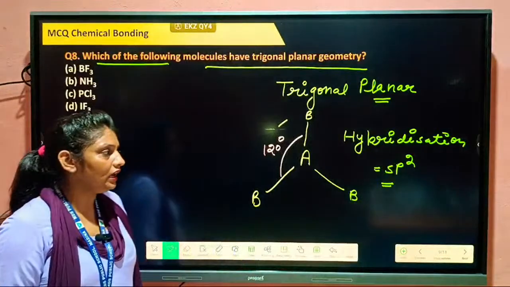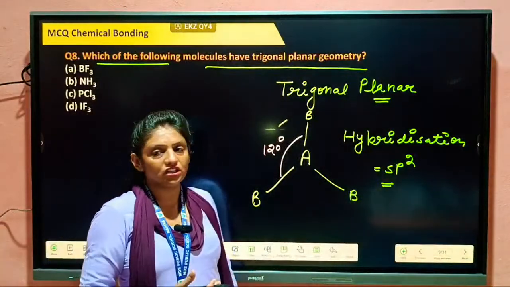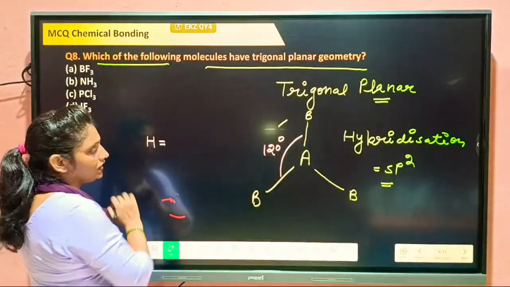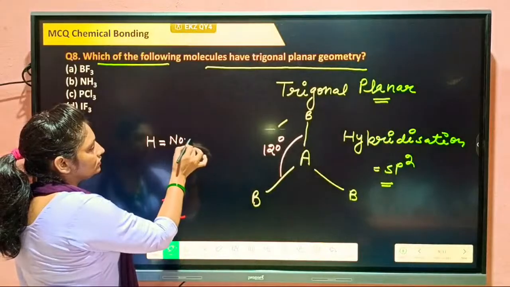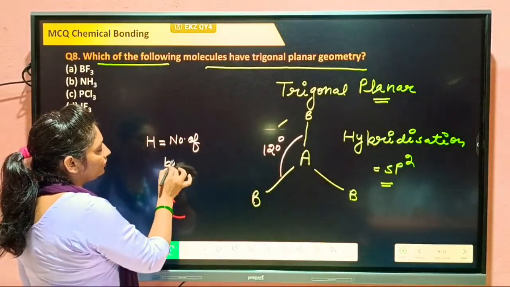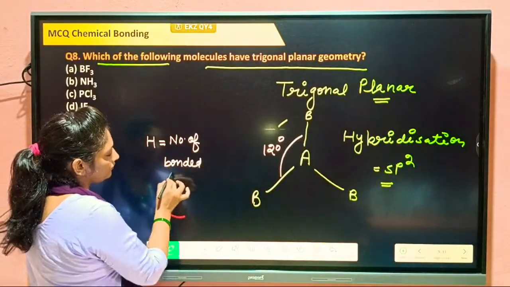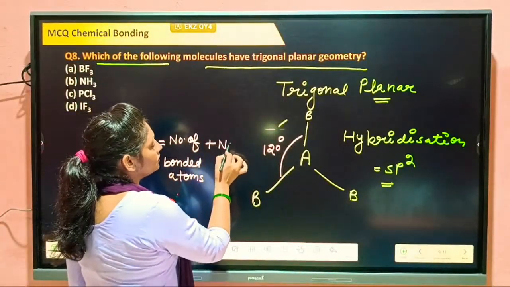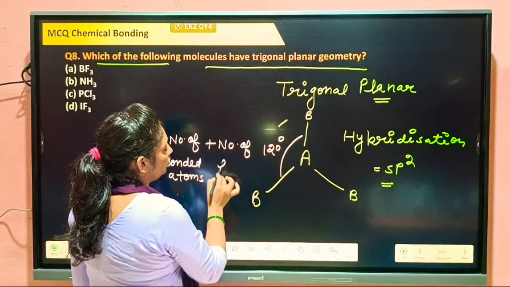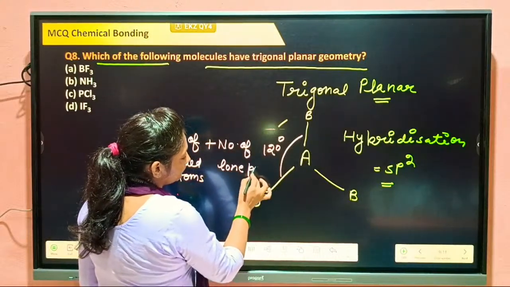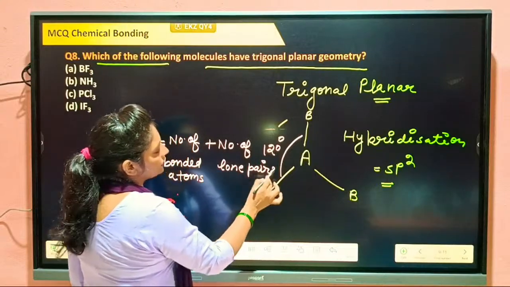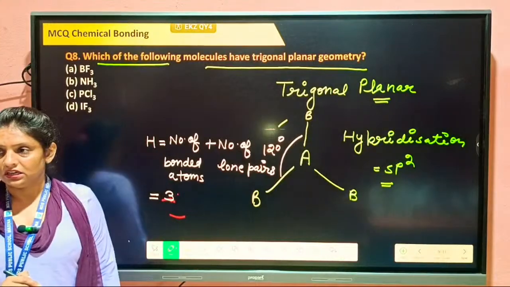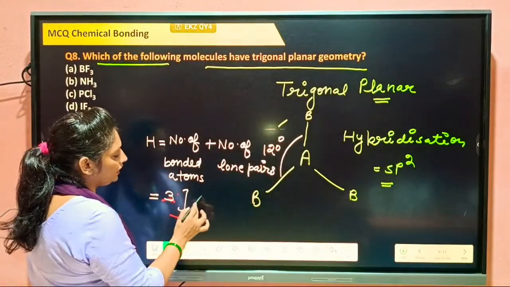And how can you tell about the hybridization? In hybridization, we will see the number of bonded atoms plus the number of lone pairs. If their sum is 3, then hybridization will be sp2.